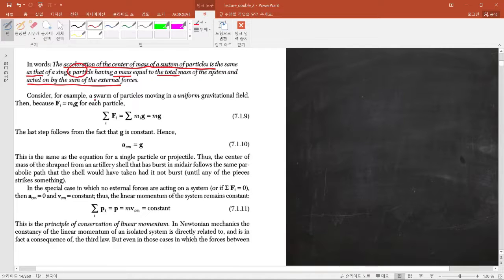For example, consider a swarm of particles, many particles moving in a uniform gravitational field, where F_i is m_i g, and the total force is this one, where m is the total mass.